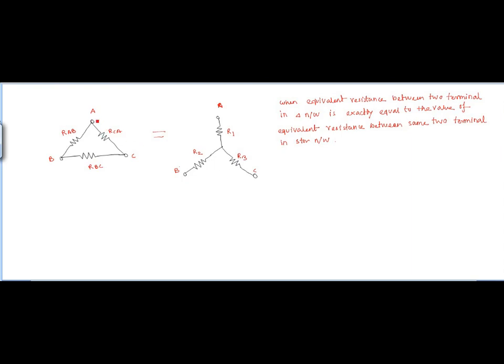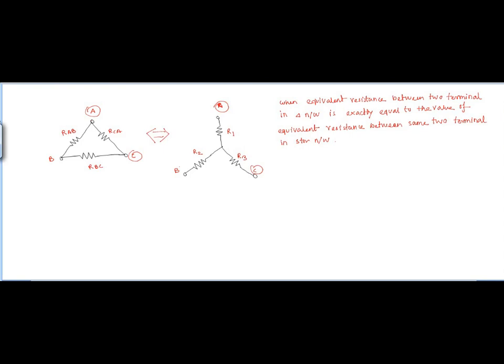Similarly, the equivalent resistance between terminal A and terminal C in delta network is exactly equal to the equivalent resistance between terminal A and terminal C in star network. Then we can say these two networks are equivalent.